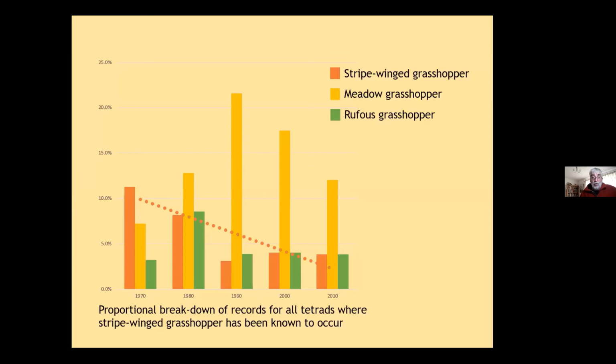If we look at all those tetrads where striped-winged grasshopper has been found, from the 70s, 80s, 90s, 2000s and 2010s, you can see a pretty substantial decline shown by that trend line in their presence within the records.